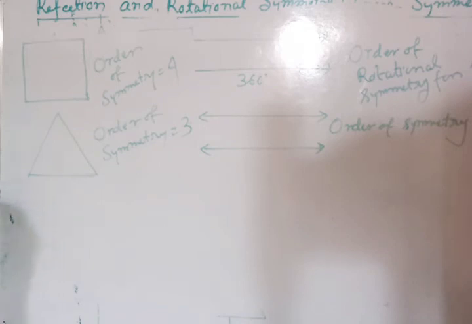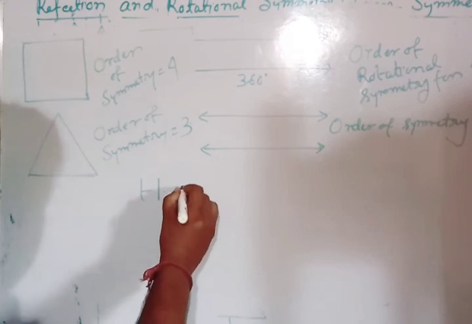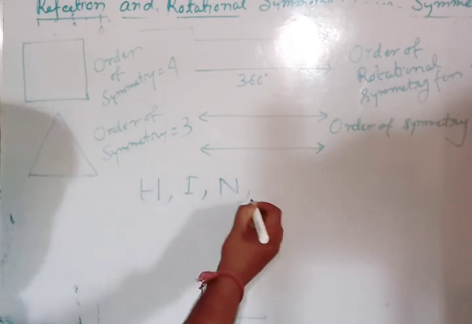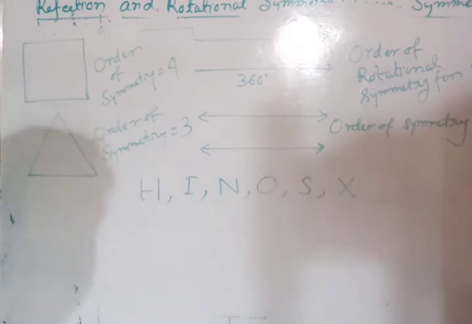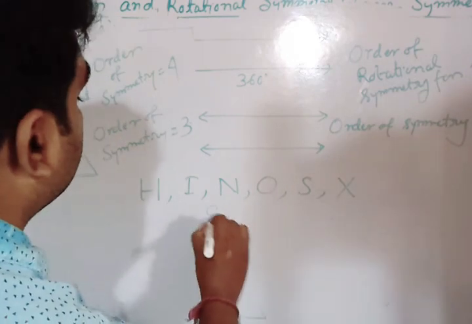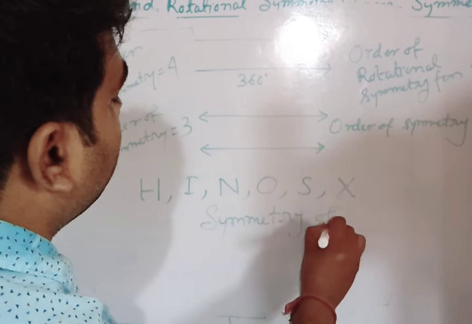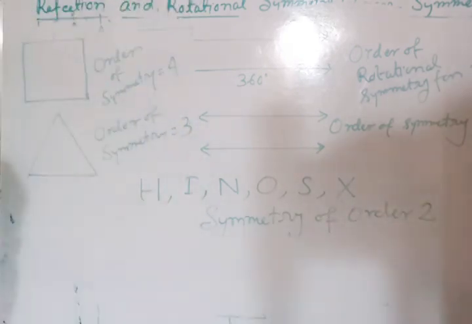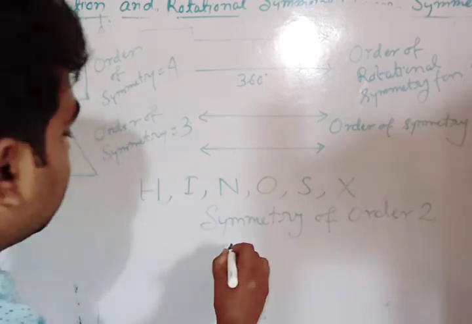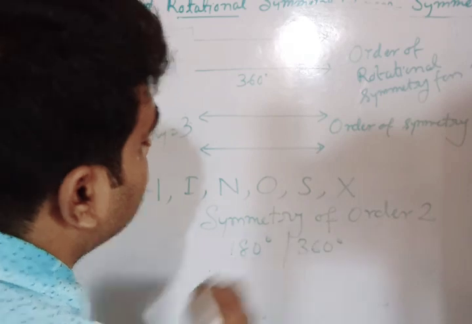Similarly, for the English letters H, I, N, O, S and X, each of these has symmetry of order 2, that is, first at 180 degree and the second at 360 degree.